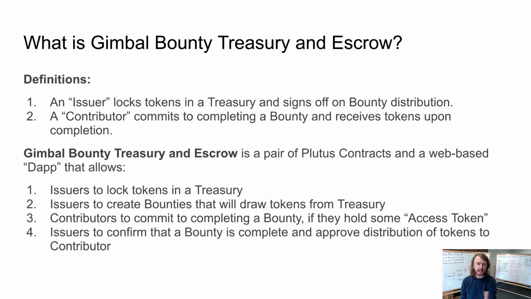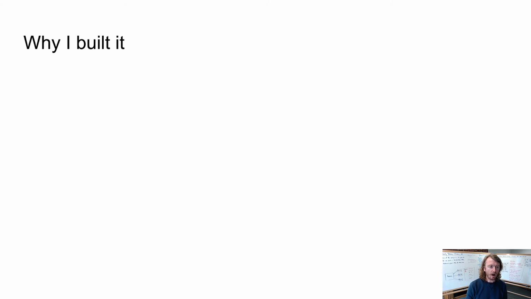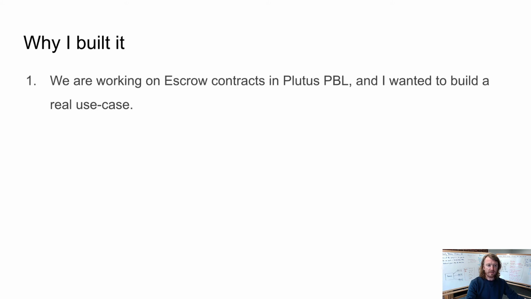This is a key idea, more on that in a moment. And issuers finally can say, yep, that bounty is done. They can approve distribution and unlock funds for distribution to the contributor. Okay, so a lot of language there. Often it's going to be better to look at pictures, so that's what we're going to do in just a moment.